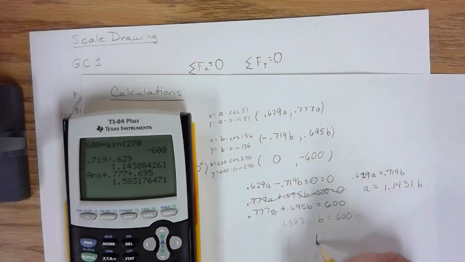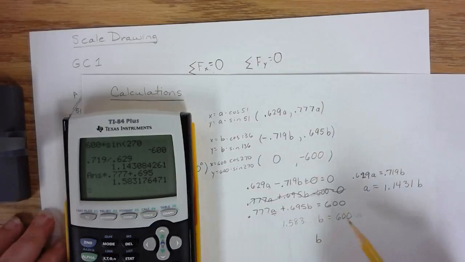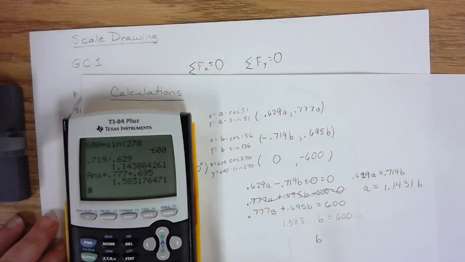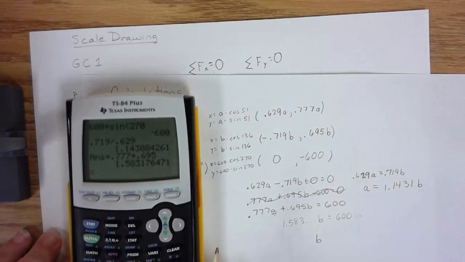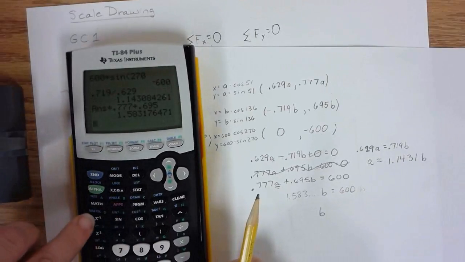This will give me my answer that I got from a scale drawing, and it should be really close to that answer. We'll go back and look after we get answers from this system. So I need to take 600 and divide it by that. For me, the easiest way to do that is to multiply by the reciprocal of this. Instead of dividing by that, I'll multiply by its reciprocal, which on this calculator, there is a reciprocal button. It's x to the negative 1.